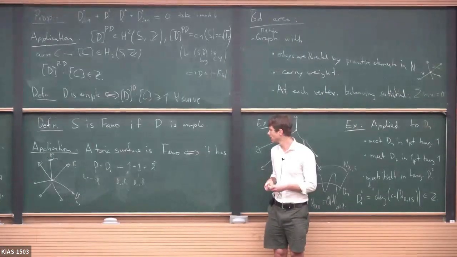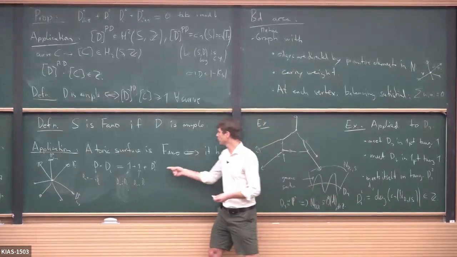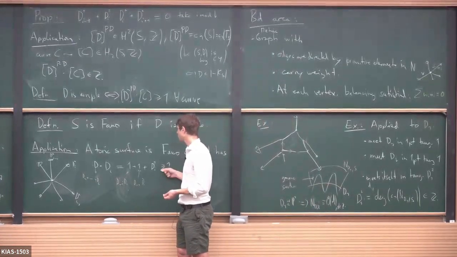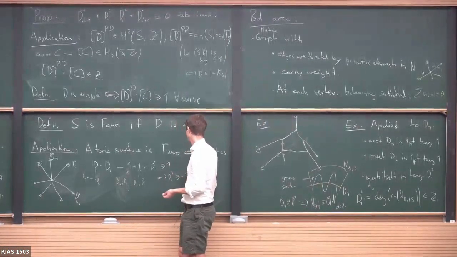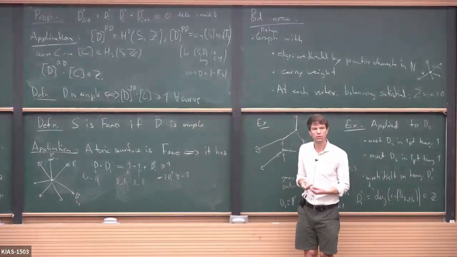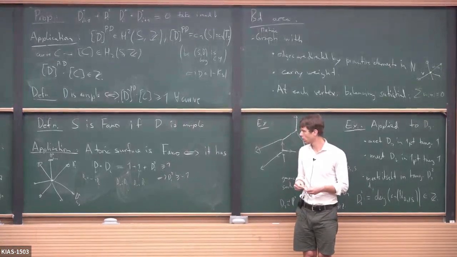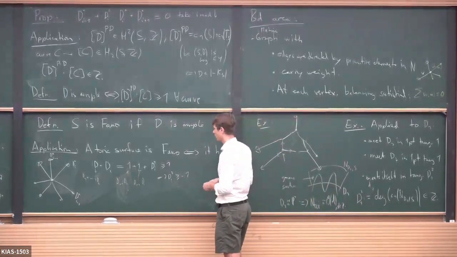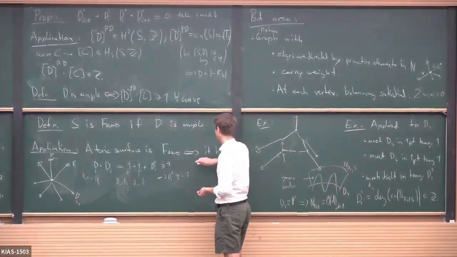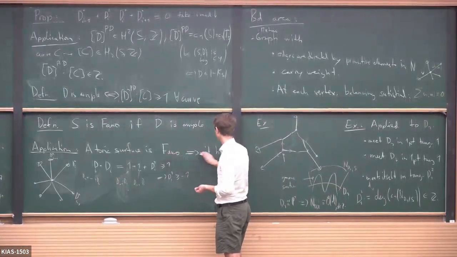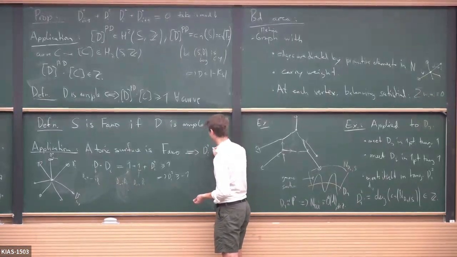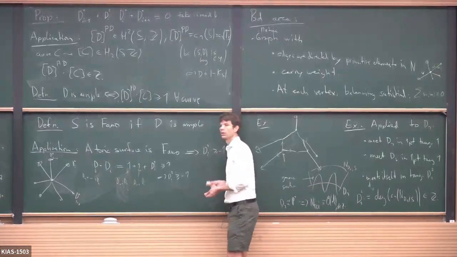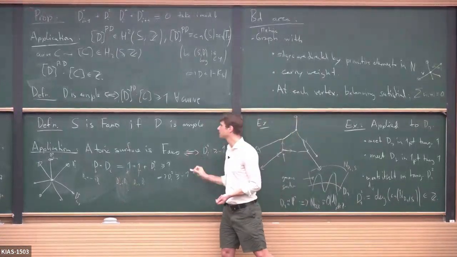Now you can see that for this to be greater than or equal to 1, this implies that Di squared has to be greater than or equal to -1. So what we've just proven is that if it's Fano, then at worst Di squared is greater than or equal to -1. But now you also have to prove that this is actually an equivalence.